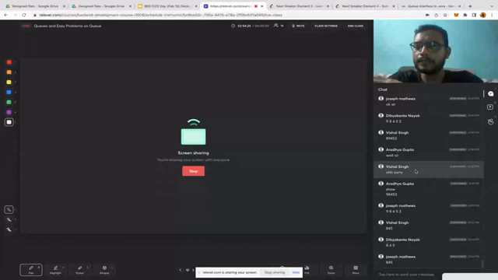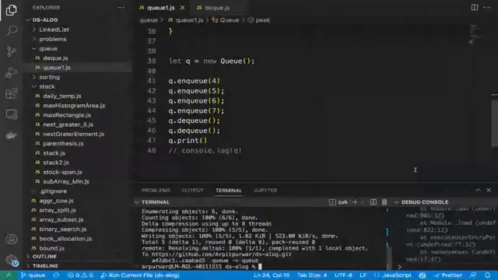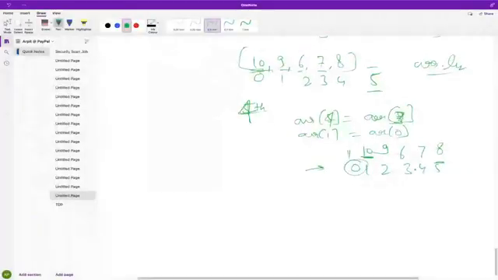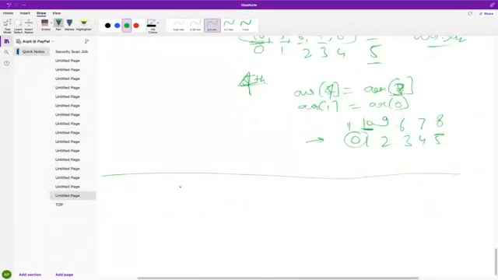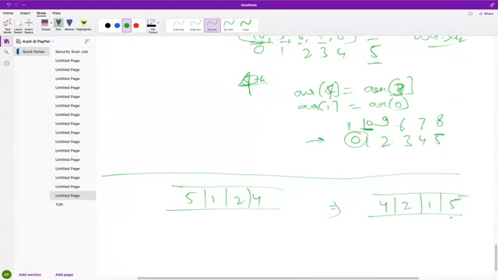How will we do the reverse? So if we have elements like this in the queue, this is our queue, I always create a queue like this: 5, 1, 2, 4. If you want to reverse it, then we want 4, 2, 1, 5.